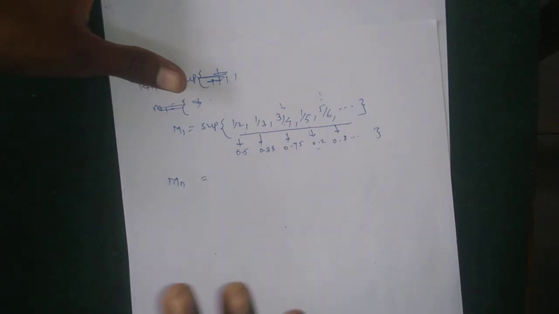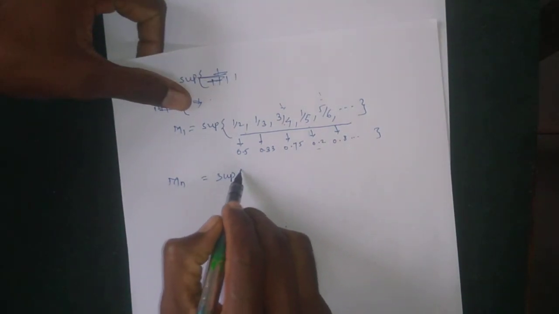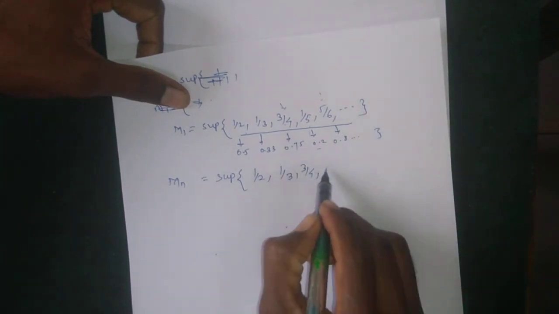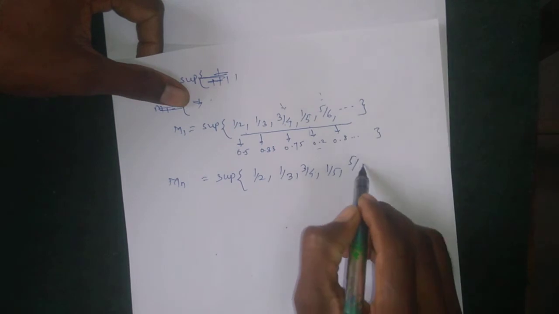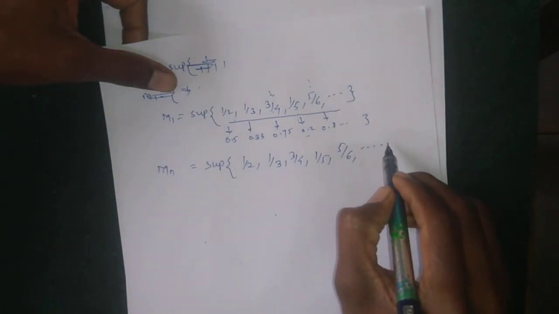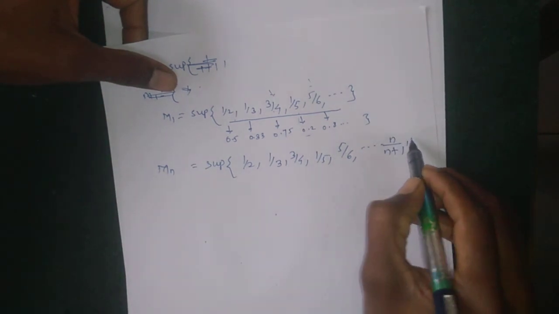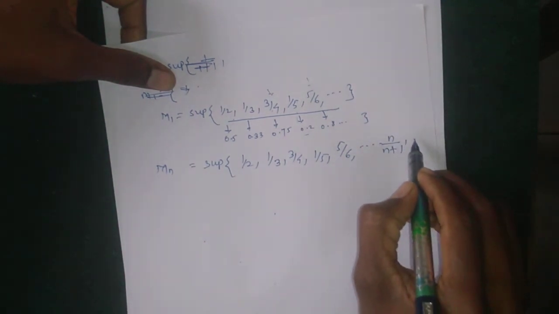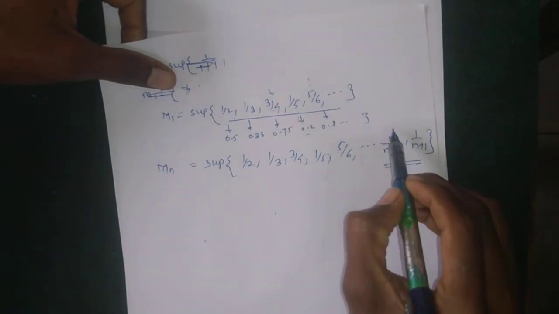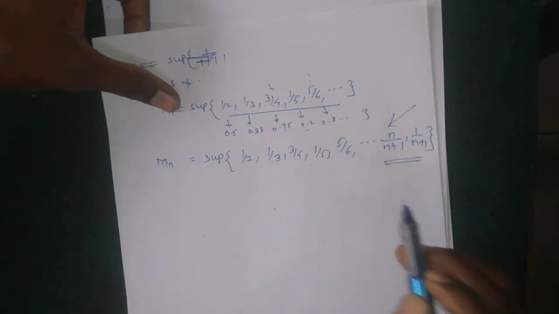Okay, Mn of these terms must be the supremum of 1 by 2, 1 by 3, 3 by 4, 1 by 5, 5 by 6, and in this way lastly n divided by n plus 1, and one value is 1 upon n plus 1. We get that the last value is the highest value when n increases.